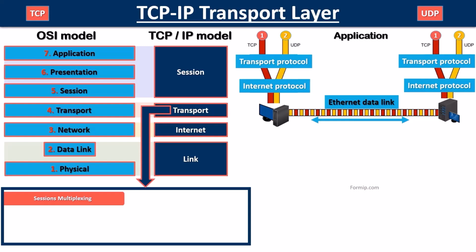Multiplexing allows an IP host to simultaneously support multiple sessions and manage streams on the same link. A session is created when a source machine has to send data to a destination machine. To transmit data to applications, the transport layer needs to identify the target application. To identify and send data to specific applications, TCP/IP uses port numbers.